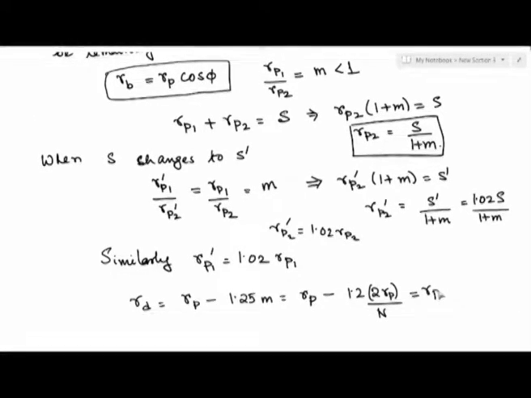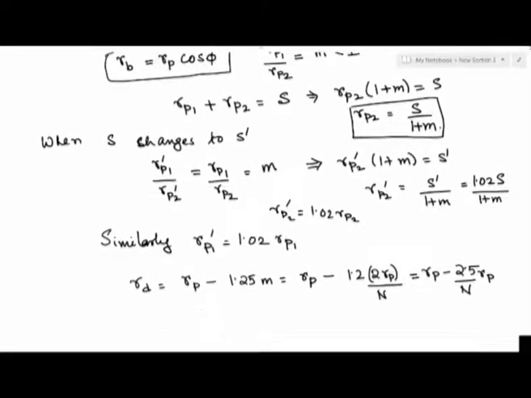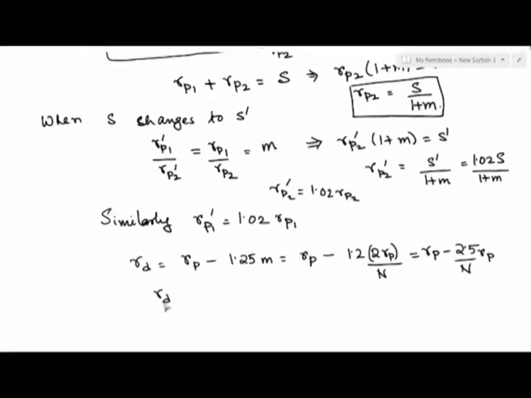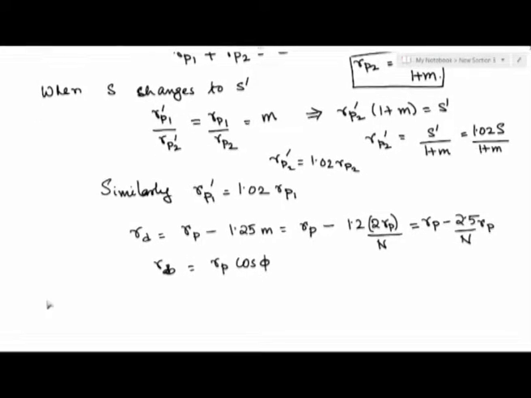So this comes as RP minus 2.5 divided by N into RP, right? Whereas the base circle radius we know is RP times cos phi. So the condition for RD to be greater than RB is the following: RP minus 2.5 RP divided by N has got to be greater than RP times cos phi.